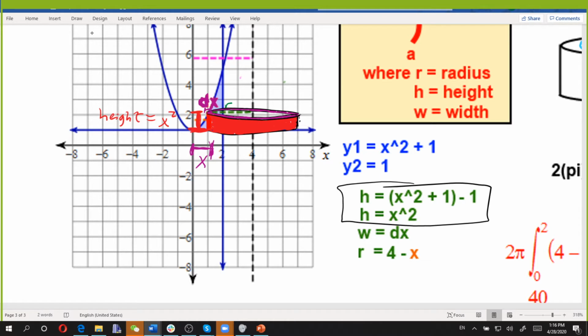It'll change between values of 0 and 2. So my distance between wherever our x value is and the axis of rotation is what we want. So if the whole distance is 4, and the distance up to our box is x, then this distance should be 4 minus x for our radius.